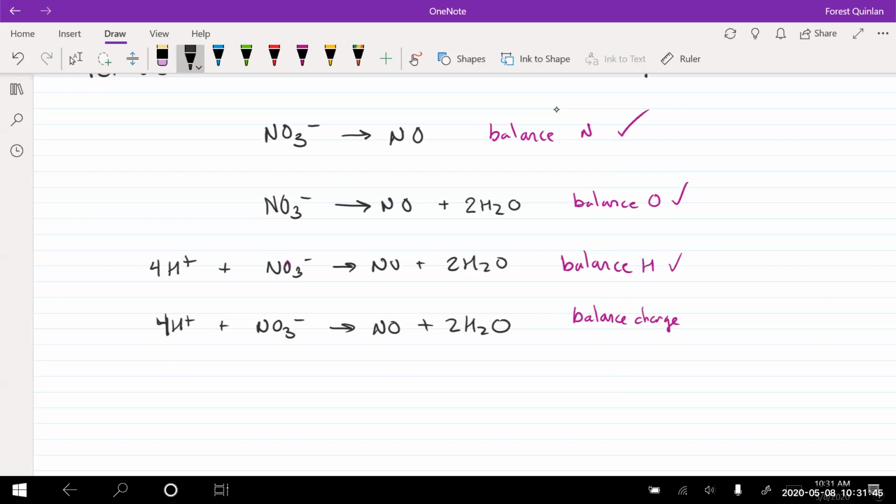Does everyone see the positive 3? We have 4 positives and 1 negative. What's the charge on the right, Ben? 0. So how do I get a positive 3 to look like 0? Add 3 electrons on that left-hand side. So now we have 0 equals 0.